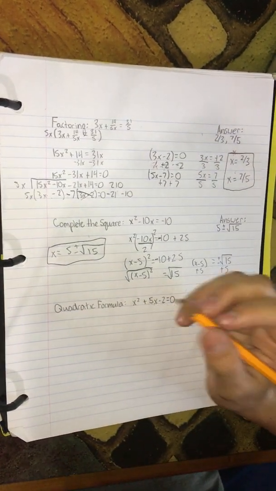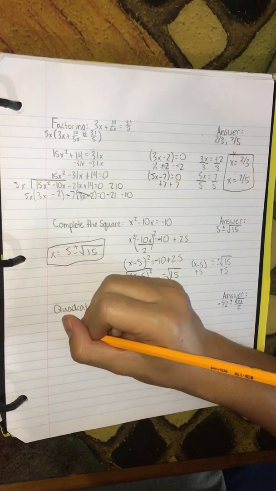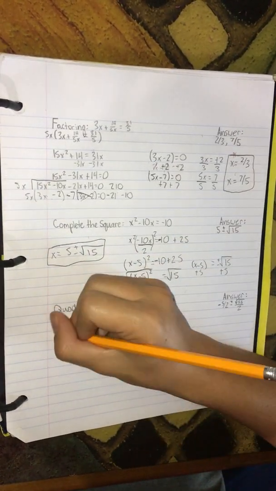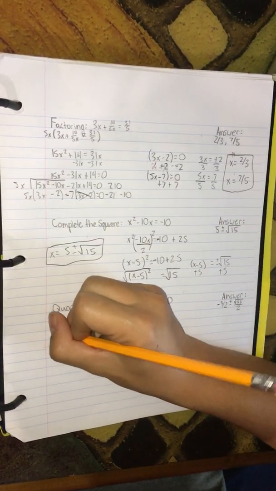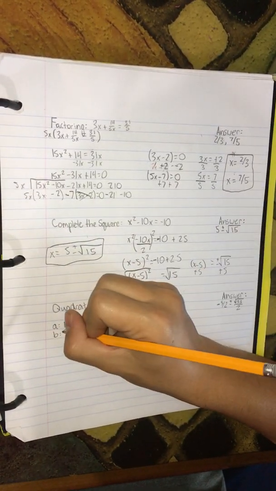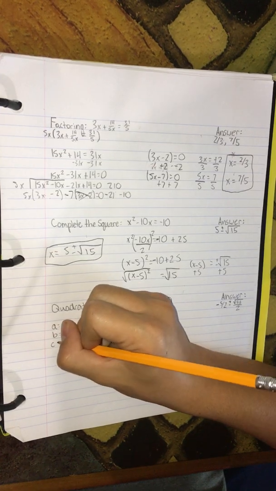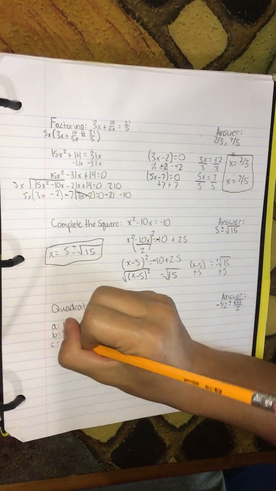I probably will, as a habit, but the coefficient for A is 1, the coefficient for B is 5, and the constant for C is negative 2.